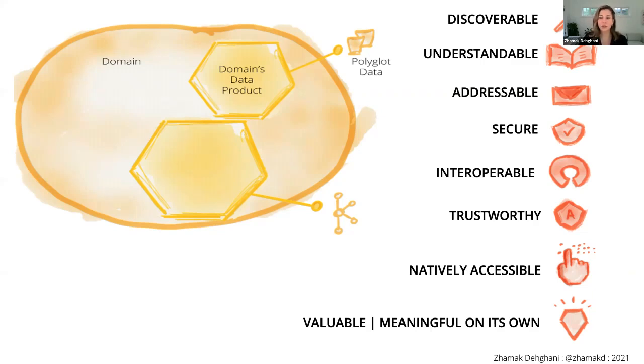Independently, interoperable with the other ones, trustworthy, has to have SLOs, so it can tell us in what intervals the data gets produced. What's the variance between when the data was captured versus when the data was processed? What's the statistical shape of it? Like all of those SLOs that it needs to guarantee for somebody to actually trust this data.